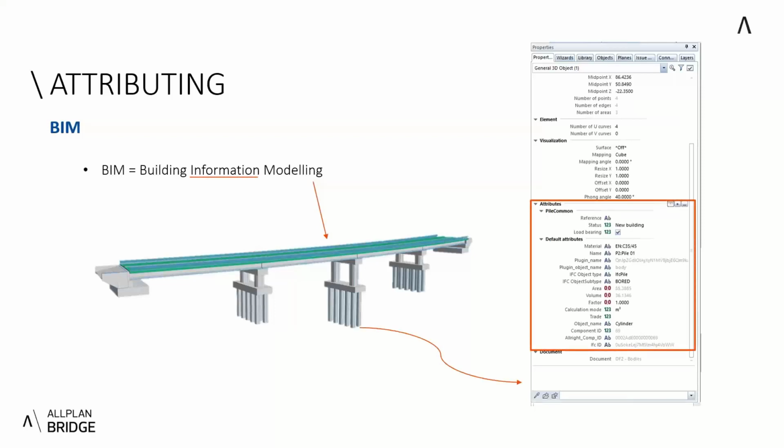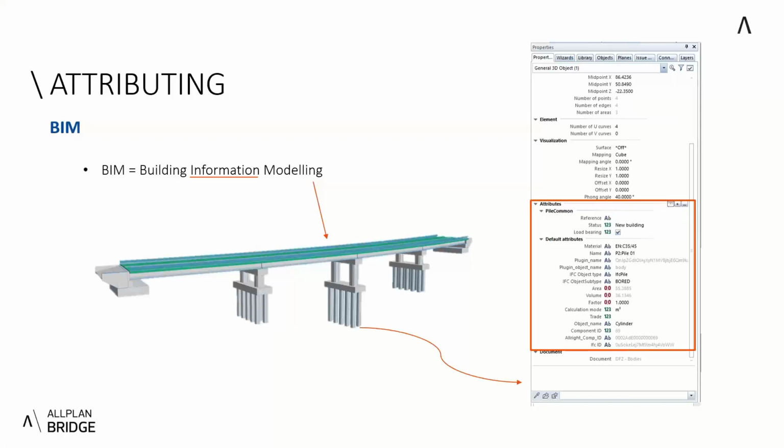This attributes group contains the information about this pile. For example, I have the pile which has a material, which has an area, which has a volume. All these are information about this pile. So this is what we're referring to by BIM. It should not always be just the 3D model, but we should also attach information to it.